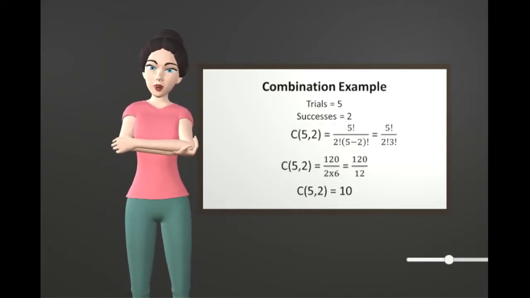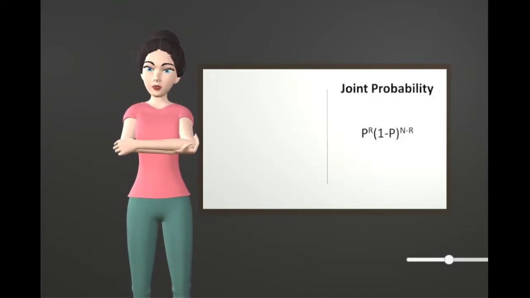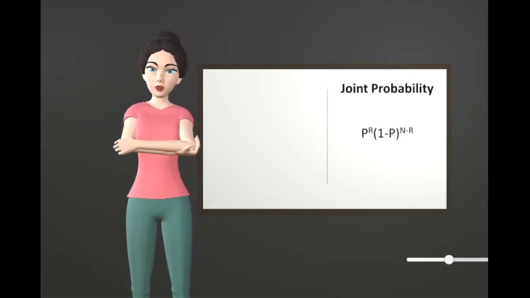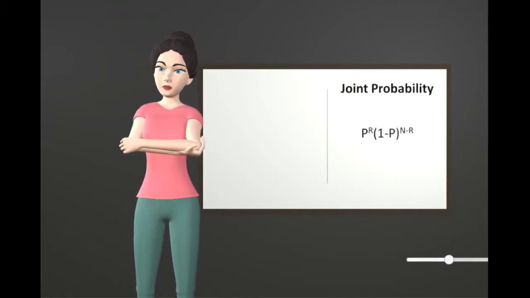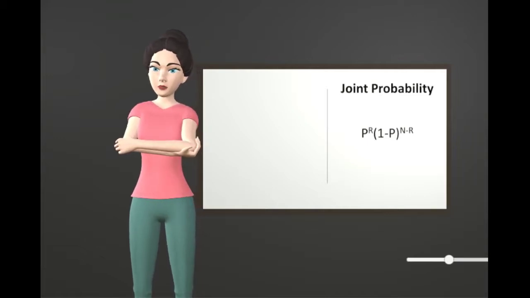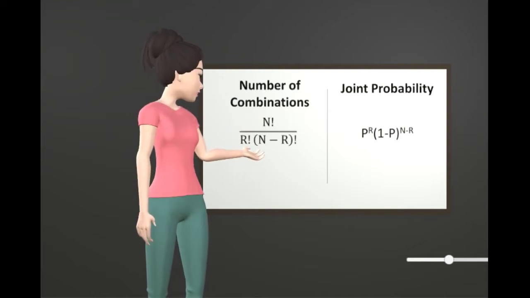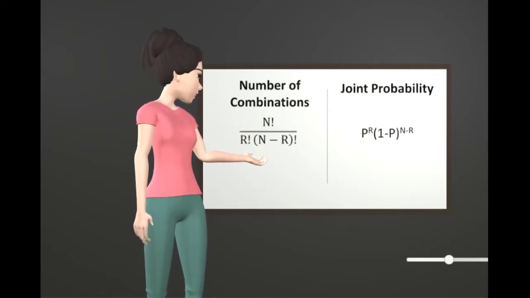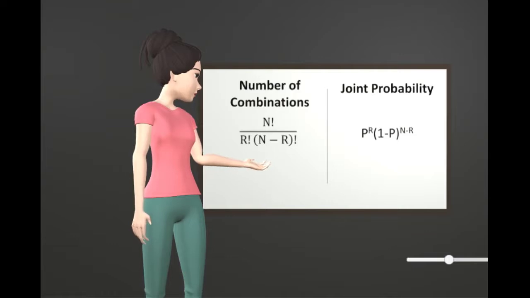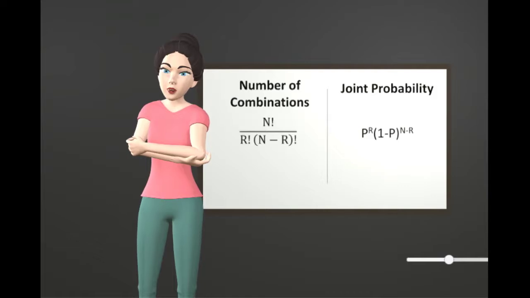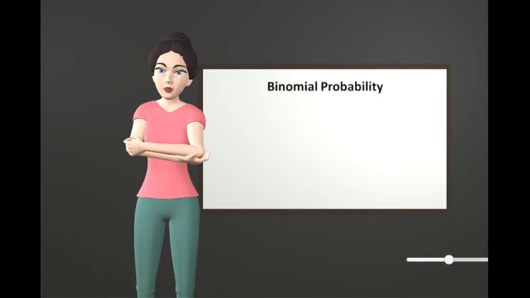Now you see how to compute the joint probability of a particular sequence that has R successes in n trials, such as failure, failure, success, failure, success, and how to compute the number of combinations in which a sequence has R successes in n trials, such as 10 ways to get 2 successes out of 5 trials. As the final step in computing binomial probability, you just put those two parts together.